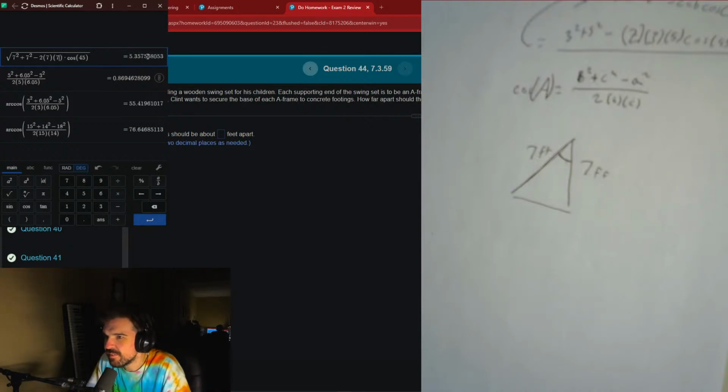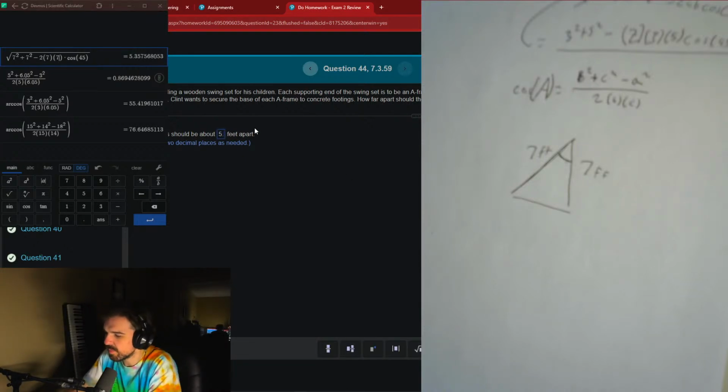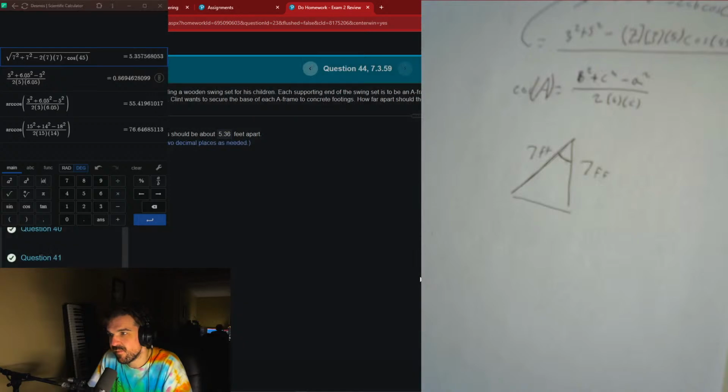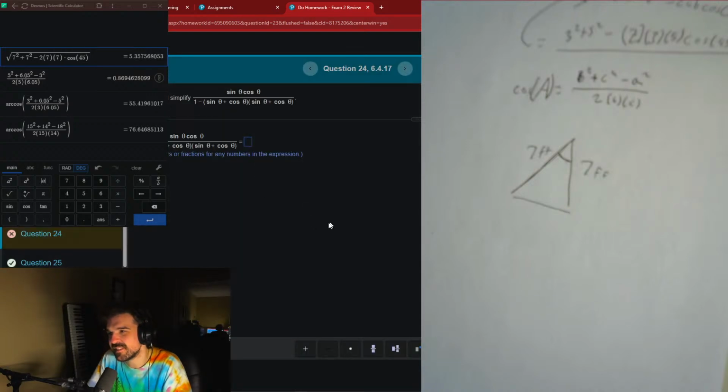About 5.36 feet apart. Does that work? Oh, it works. So what I did is just put it in the first law of sines of cosines and used 45 degrees for the angle to find the length. All right. I thought that was going to be more difficult.